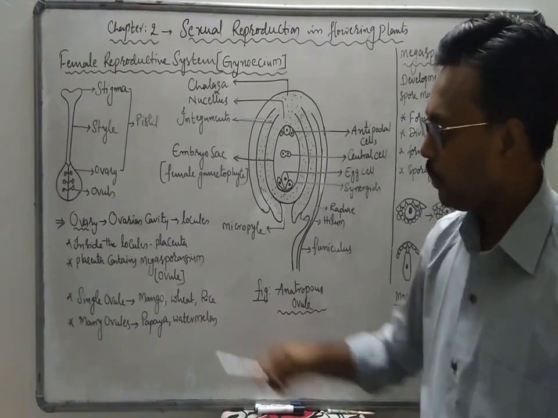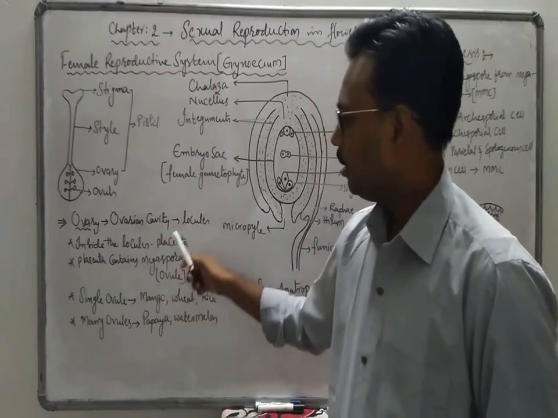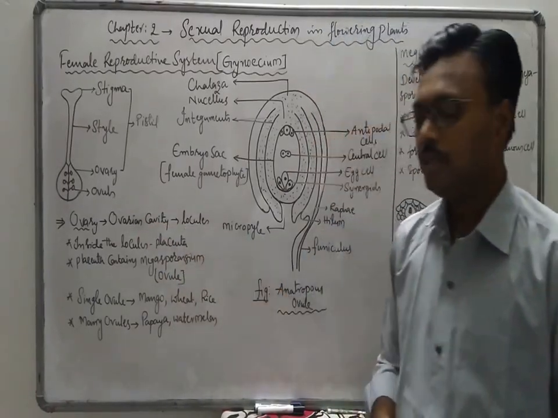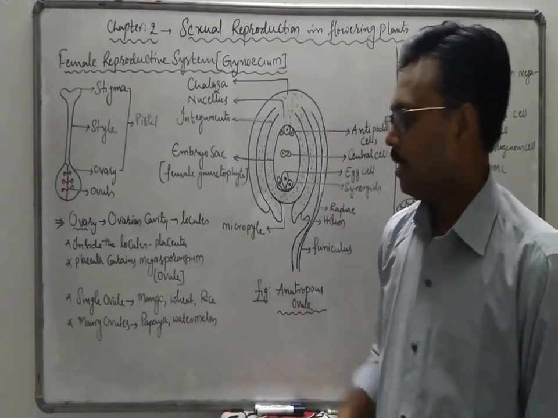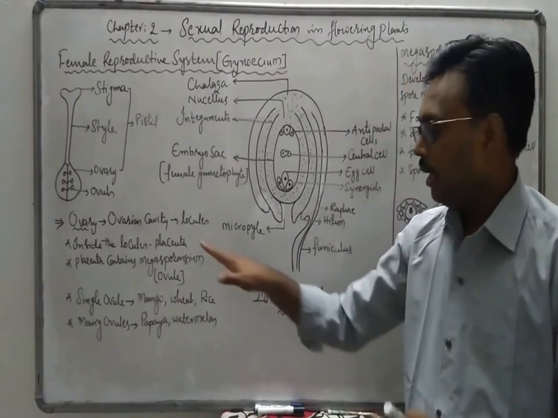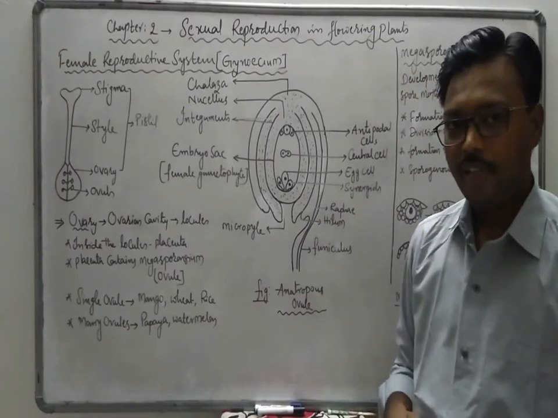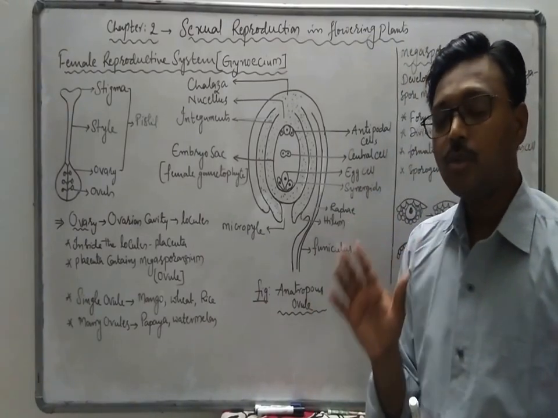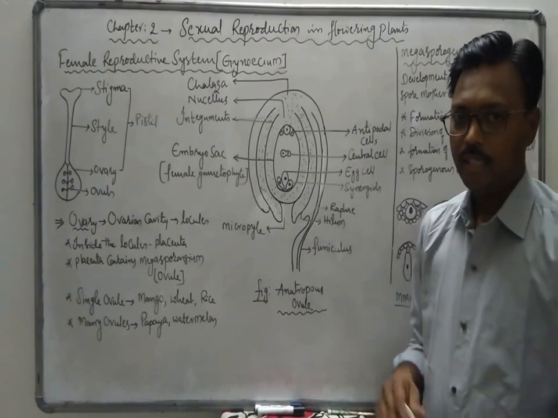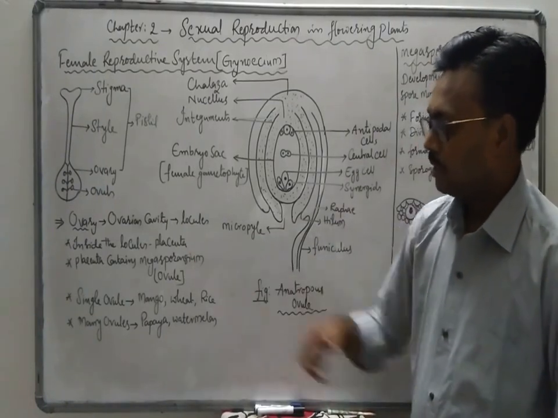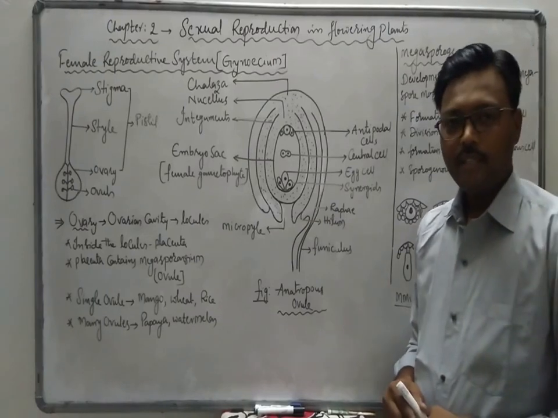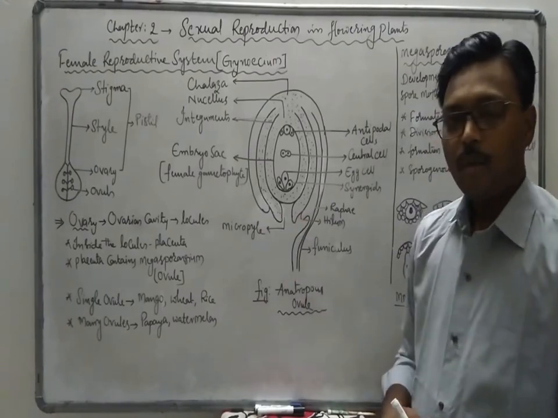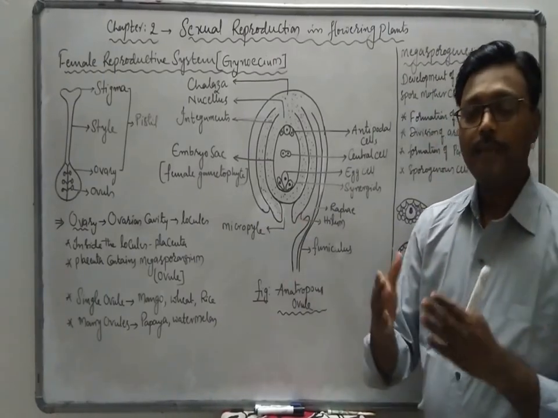This is the actual place, the placenta, where the ovules are attached to the ovary wall. That is the placentation. In the 11th standard, in the 5th chapter, Morphology of Flowering Plants, we have the topic placentation.